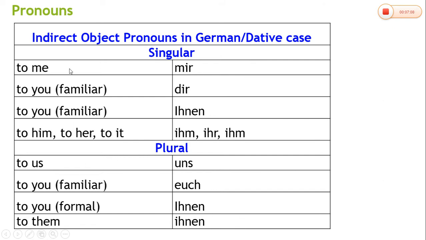So here is the table. Indirect object pronouns in German, or the dative case, or the prepositional case, because they always come after the preposition only. Example: to me is mir. To you, dir, informal. To him, ihm.